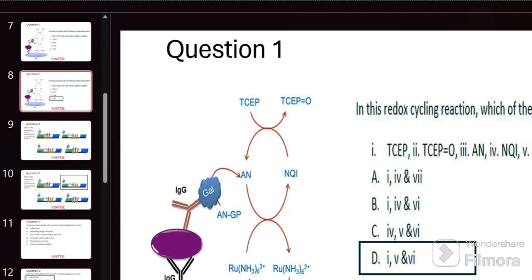And the ruthenium, it has to release an electron. So we have ruthenium 2 plus, it will release an electron and gain a higher oxidation state.